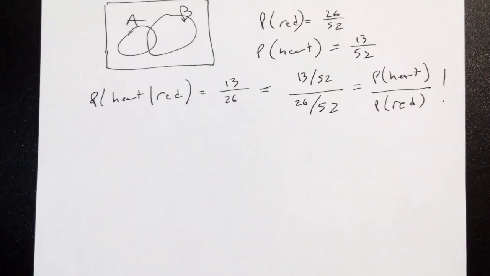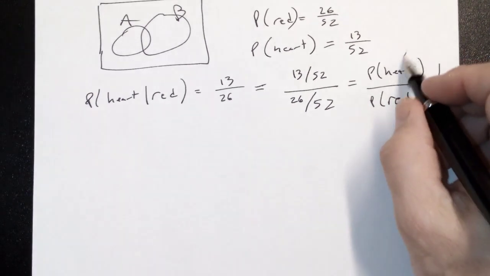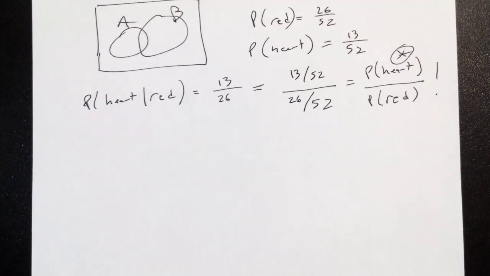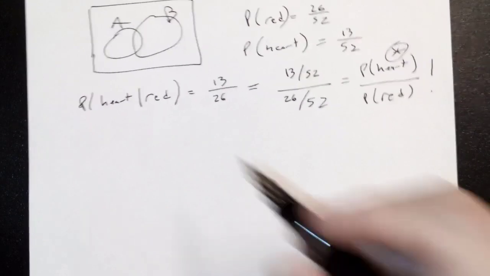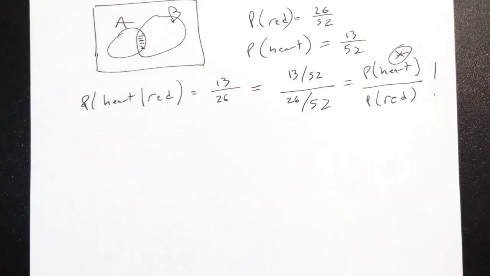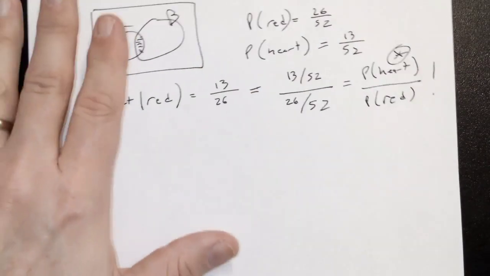So here's a sneaky way of thinking about this in terms of probabilities of other things. But really, this is kind of rigged here. Because really what I should be asking is what's the chance that it's a heart and it's red? Because that would put me in this part, wouldn't it? I'm not allowed to use any of that bit.